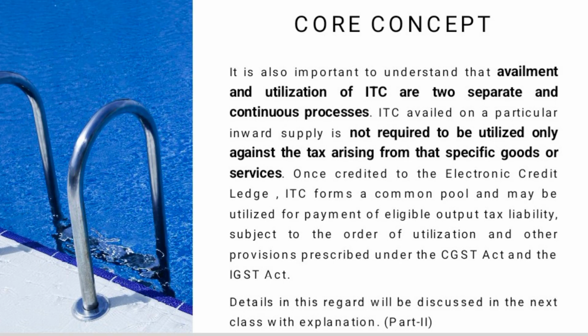What is ITC utilized? What is the order of utilization? You availed CGST credit and SGST credit for intrastate supply, and for interstate you availed IGST, and there is also GST cess.